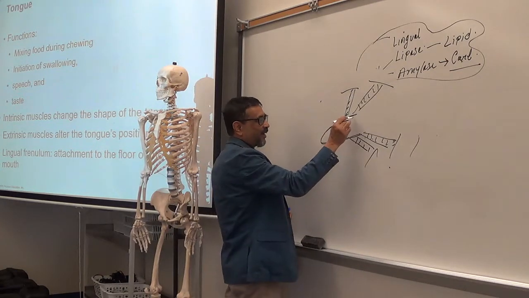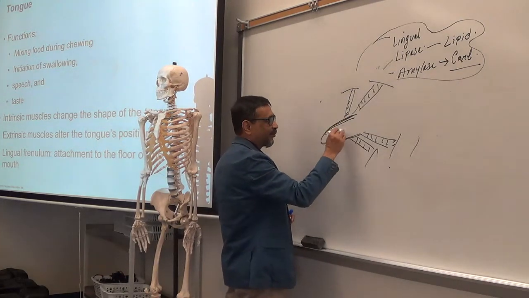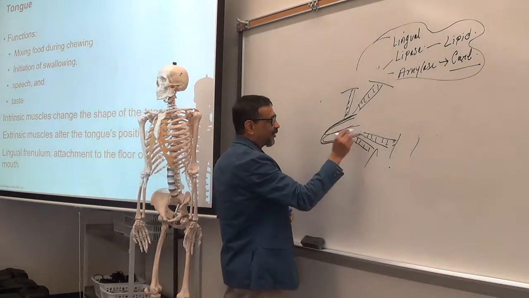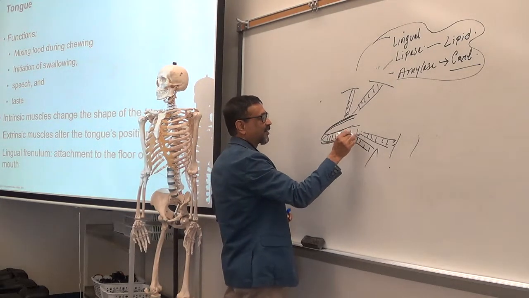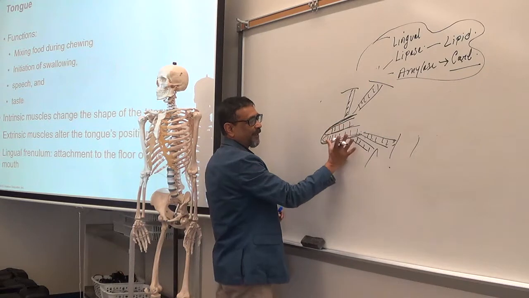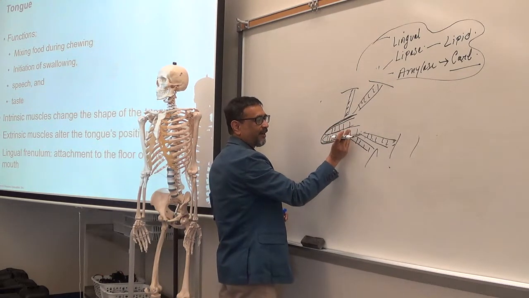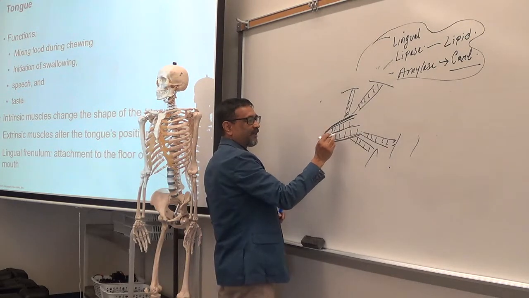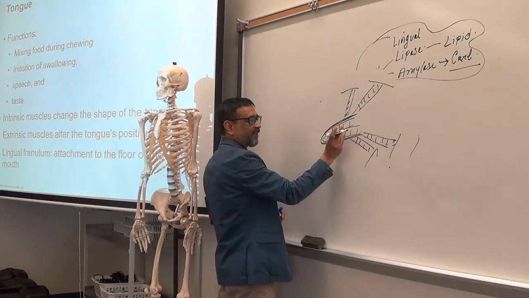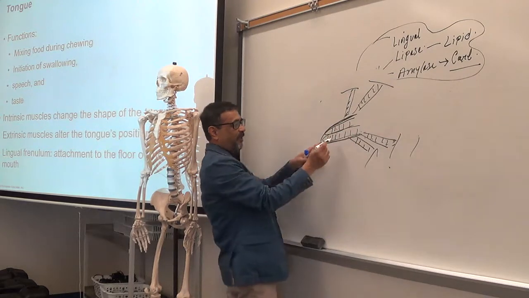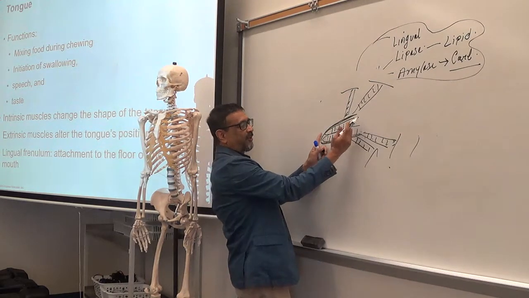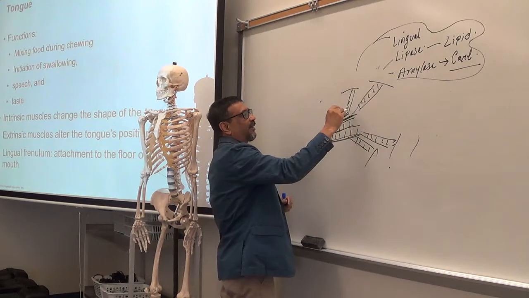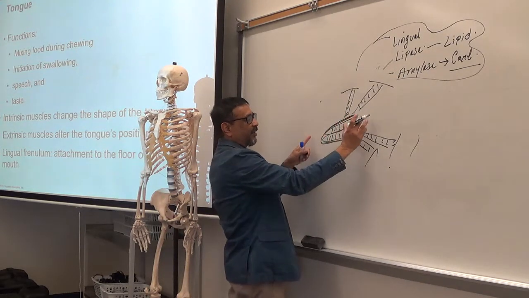Now, inside the tongue, you also have muscles. And these muscles help to make the tongue short and long, to change the shape of the tongue. So those muscles are inside the tongue. For example, if these muscles get short, tongue will get short, right? And if they relax, tongue will get long.